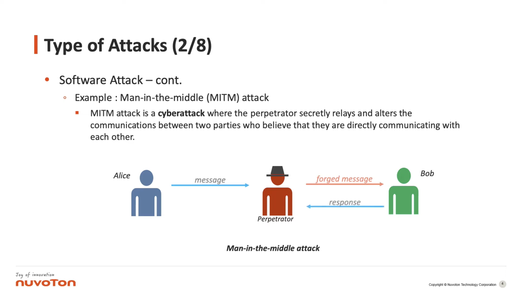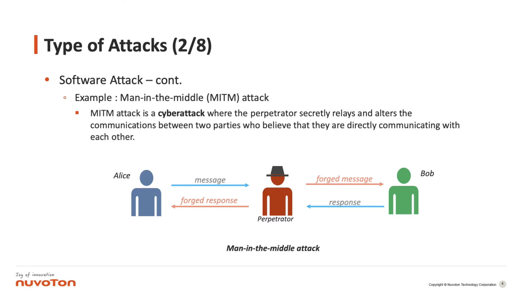Bob's reply message will be sent back to the perpetrator. After the perpetrator takes out Bob's public key, he replaces Bob's public key with his own public key, and then sends the forged response message to Alice. After that, all messages sent between Alice and Bob will be obtained by the perpetrator.